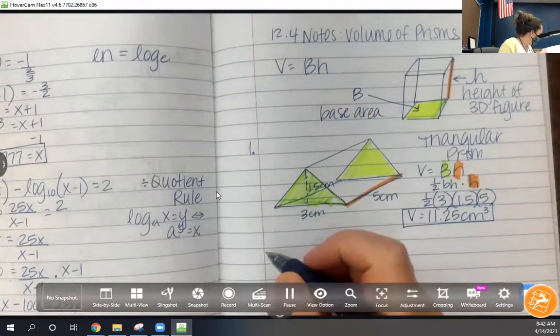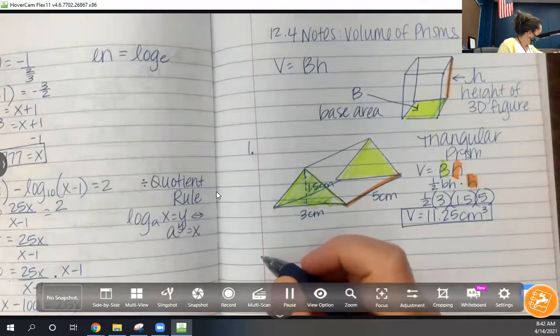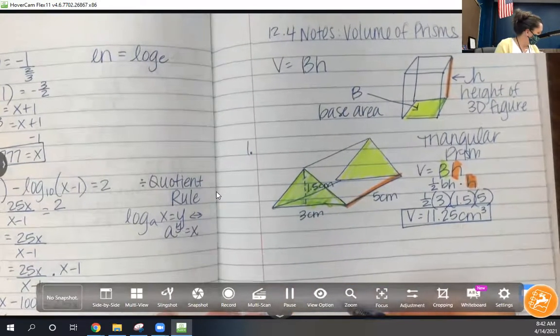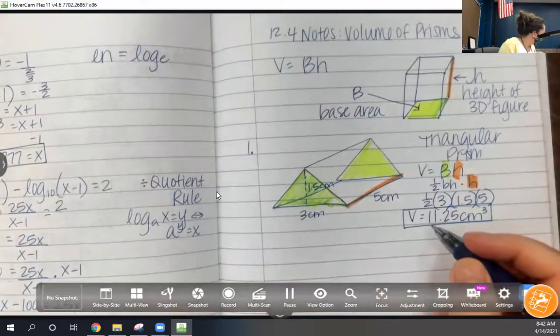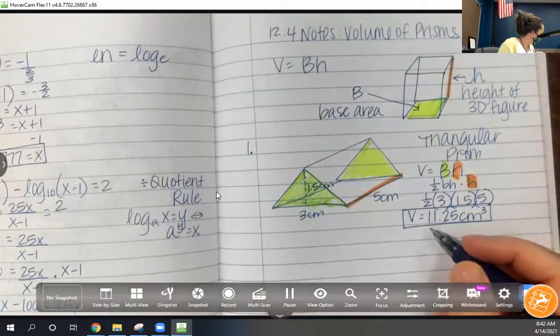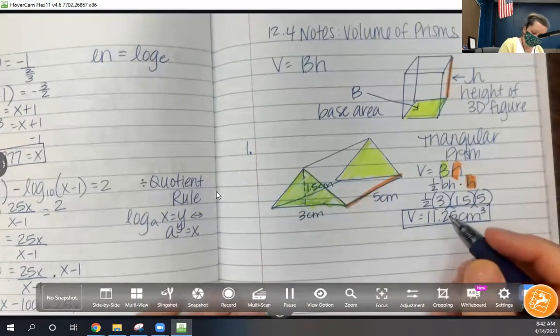All right, here's our next example. This is on the back page, exercises 7 and 8. We're going to do number 8 here. Oh, no, sorry, number 5. Yeah, let's do number 5.